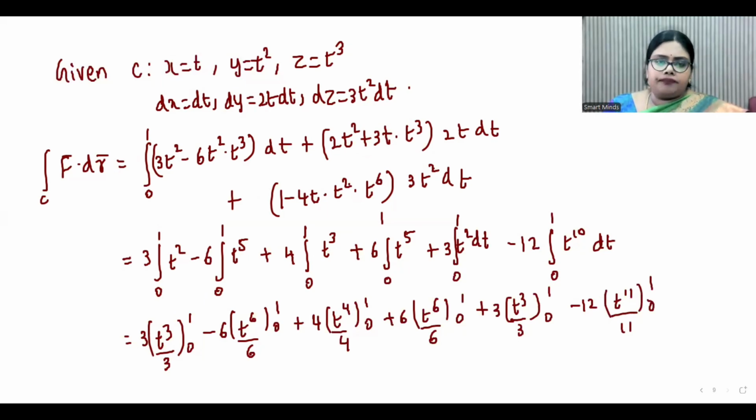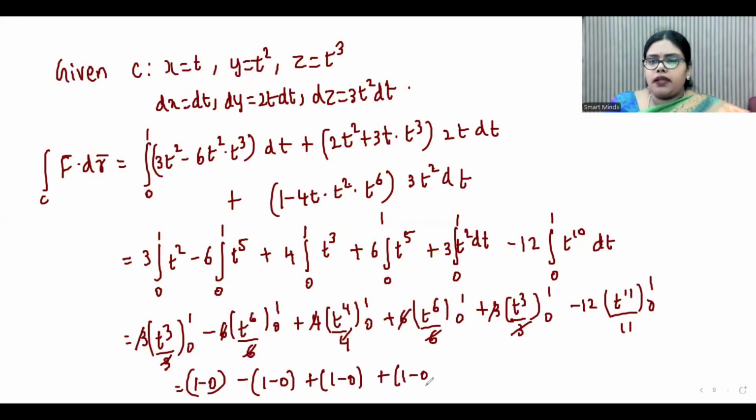From 0 to 1. Here 3, 3 cancel, 6, 6 cancel, 4, 4 cancel, 6, 6 cancel, 3, 3 cancel. So this is 1 minus 0, minus 1 minus 0, plus 1 minus 0, plus 1 minus 0, plus 1 minus 0, minus 12 into 1 minus 0 by 11.